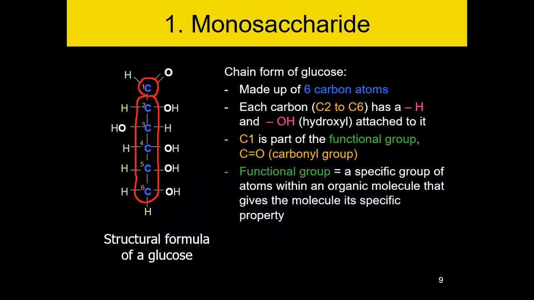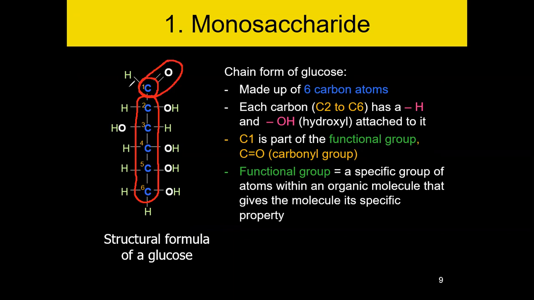So what is the functional group? All organic molecules have their own functional group. Functional group is a specific group of atoms within an organic molecule that gives the molecule its specific property. Like, why is this an alcohol? Why is that one a ketone, an aldehyde? Why is it a carboxylic acid? So it gives the property to the molecule. In this case here, the C=O bond gives the specific property to this sugar molecule.